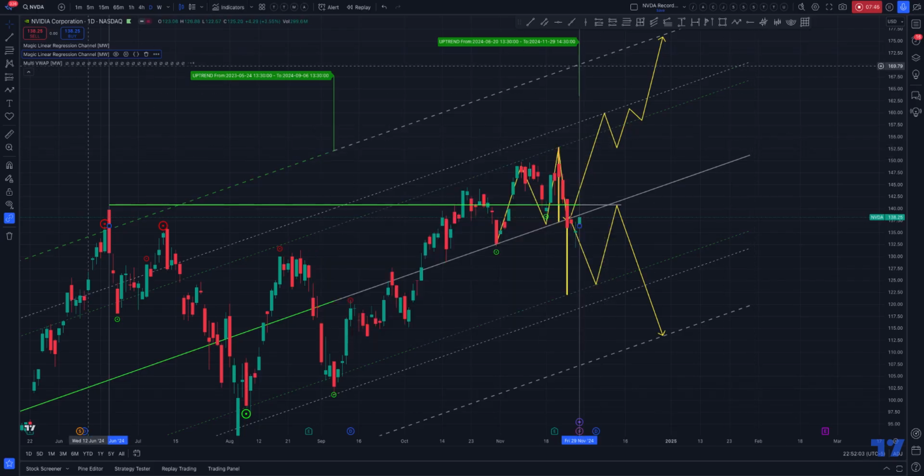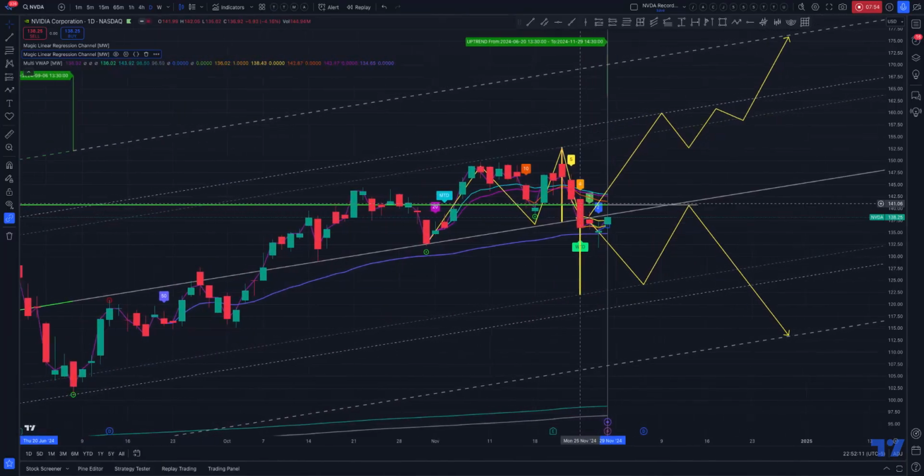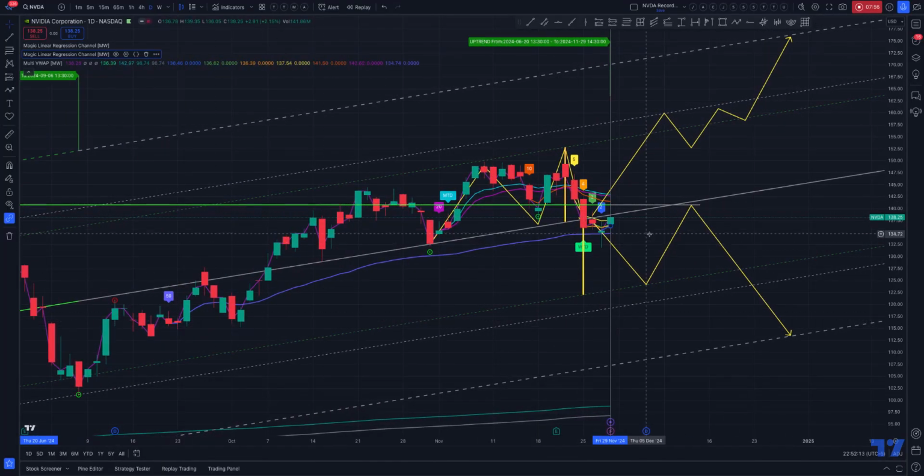And what that'll do is give us an anchored VWAP from some key areas. So let's take a look at that. So we have a 50-day anchored VWAP. We just hit that and bounced off of it. And let's get rid of some of these diagrams so it's a little bit less messy.